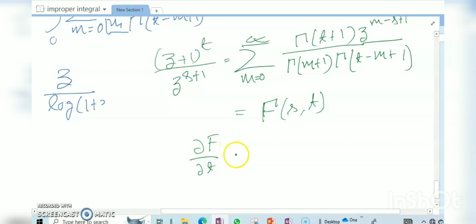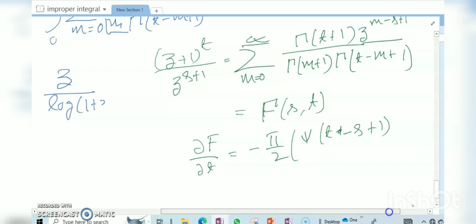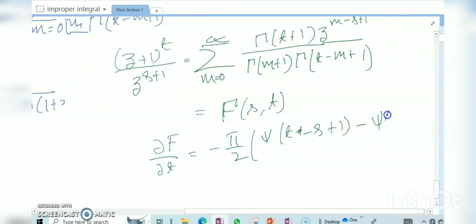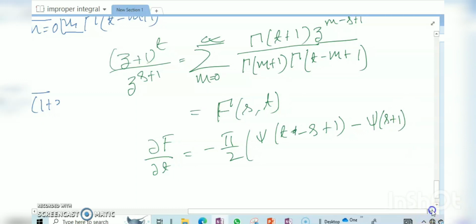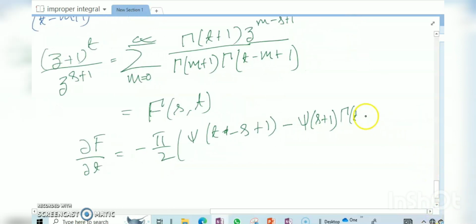Del f by del t is equal to minus pi by 2 digamma of t plus t minus s plus 1 minus digamma of s plus 1 and gamma t plus 1 divided by gamma.